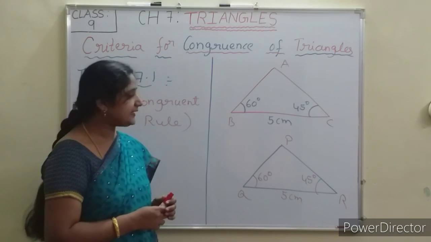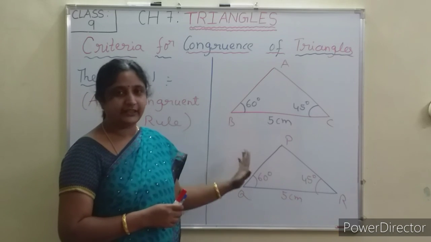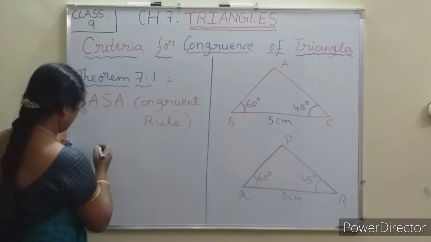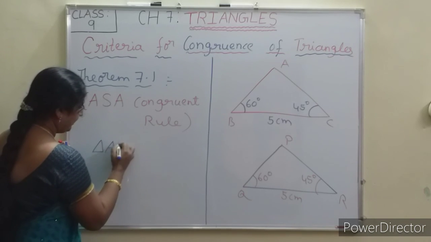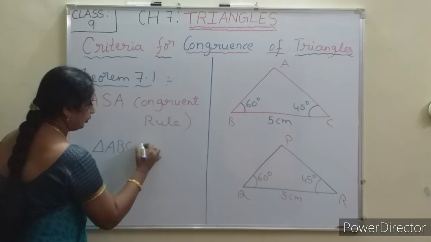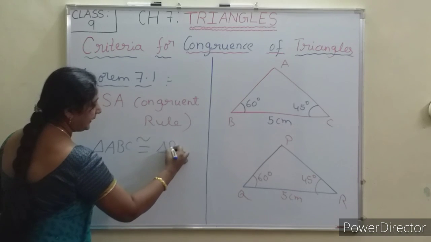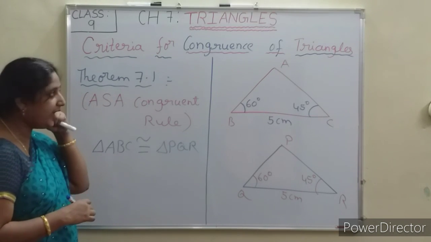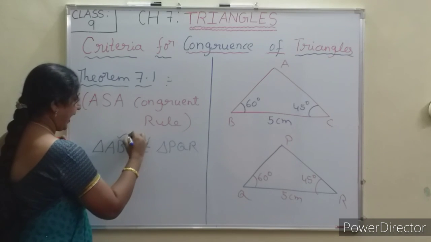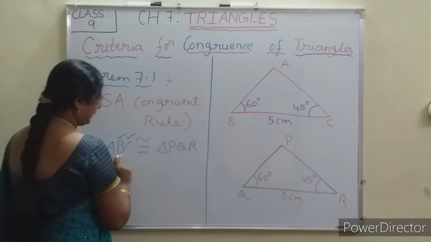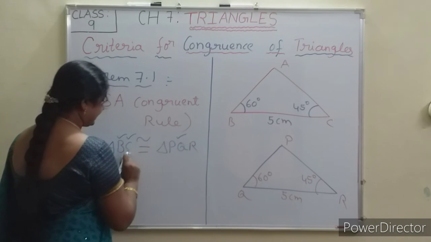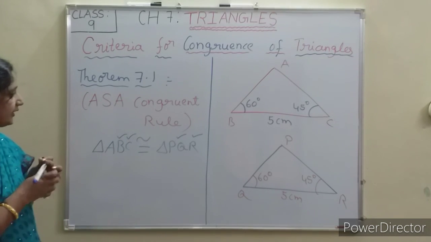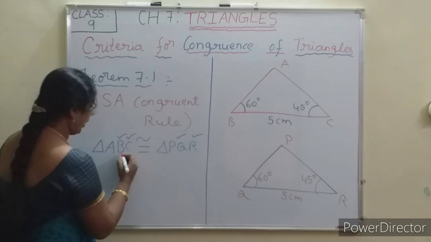That means by using this condition only we can tell triangle ABC is congruent to triangle PQR. Angle B equals angle Q, angle C equals angle R. Children, and which length is the same?